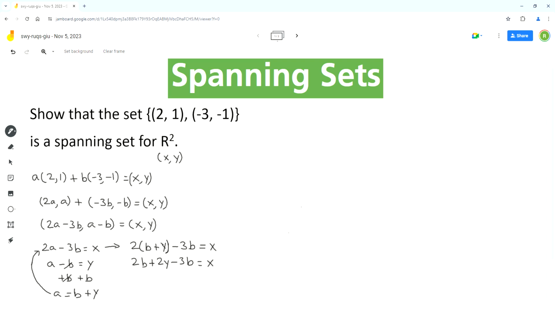So 2b minus 3b is equal to -1b or just minus b. Now we can subtract 2y from both sides. Now we can change minus b to positive b by dividing each term by -1.